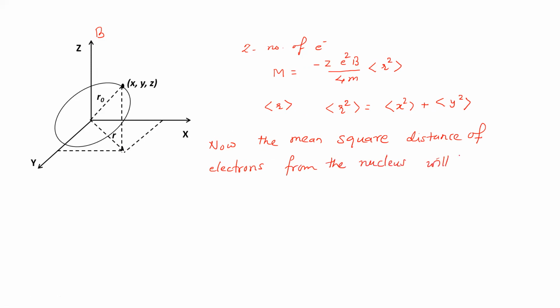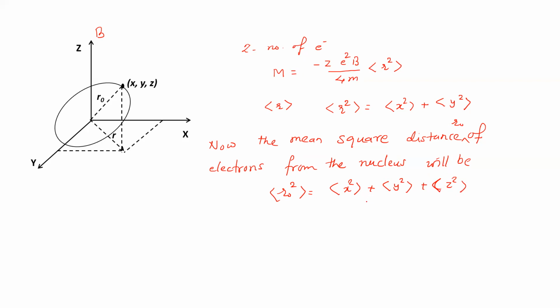If you assume that distance as r0, then obviously we can write average r0 square is equal to average x square plus average y square plus average z square, the z coordinate.